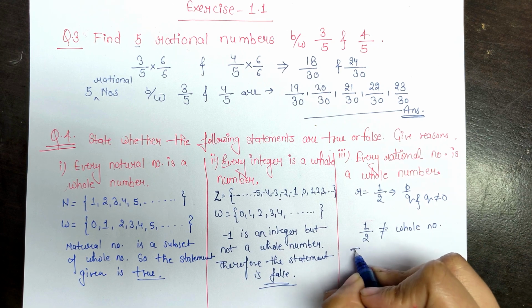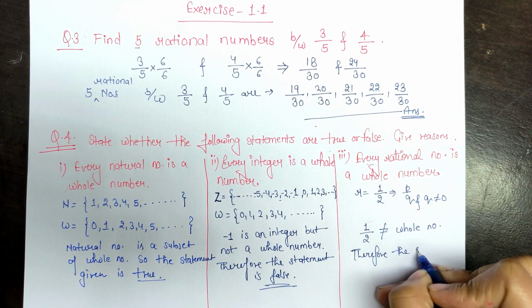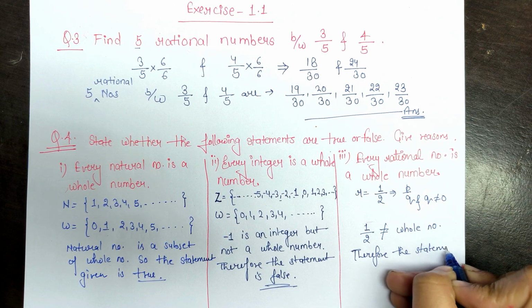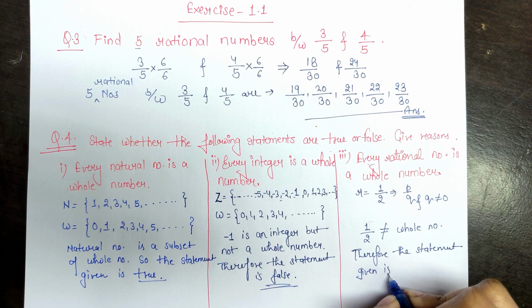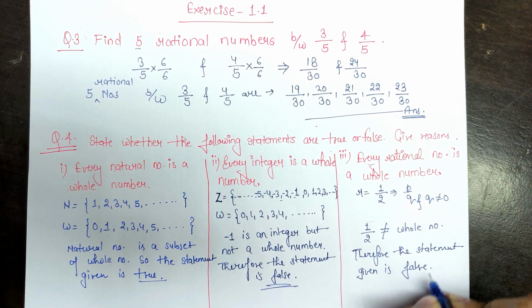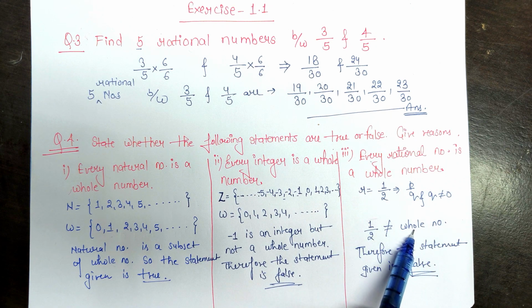So therefore the statement given is false. We have seen with an example that 1 by 2 is a rational number, but it is not a whole number. So this statement is not true for all rational numbers.